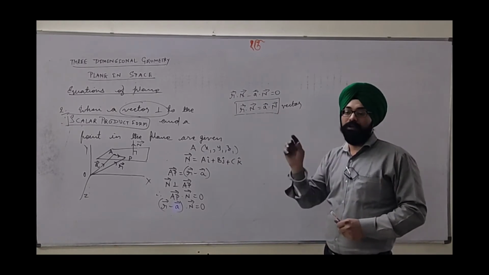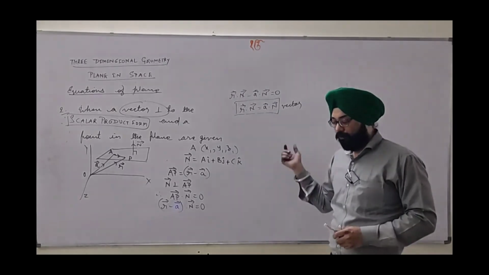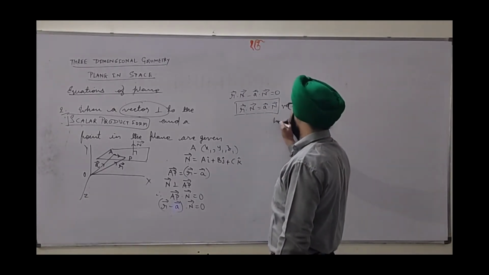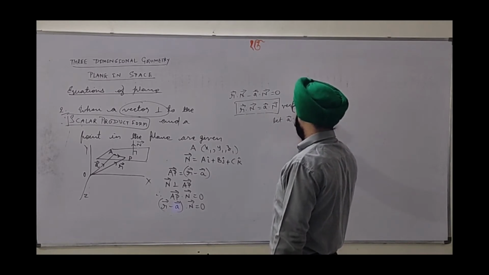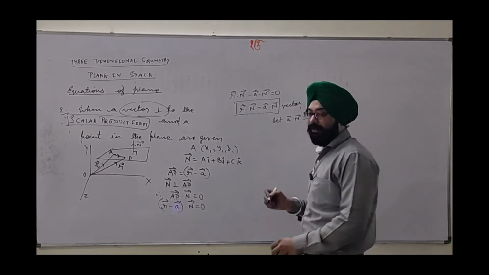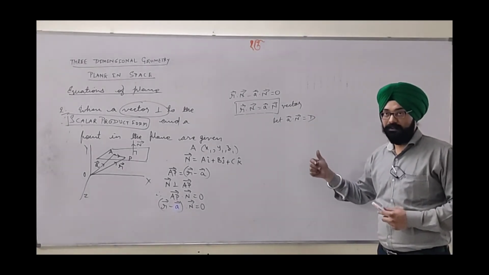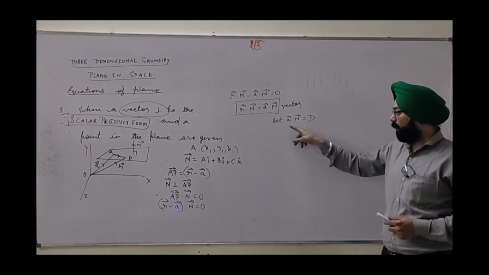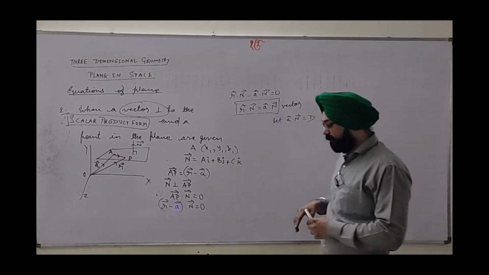So for the time being, I consider A dot N as a value like capital D, not like the previous case, it's different. After taking the dot product, we have this D.